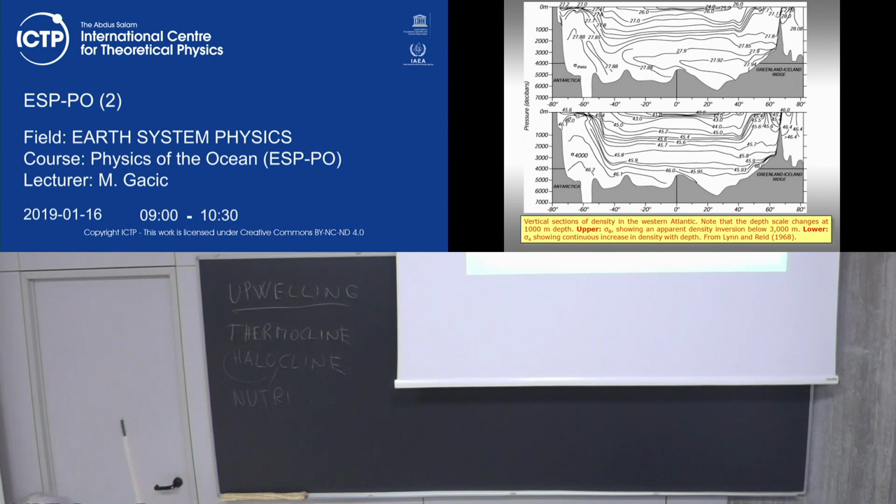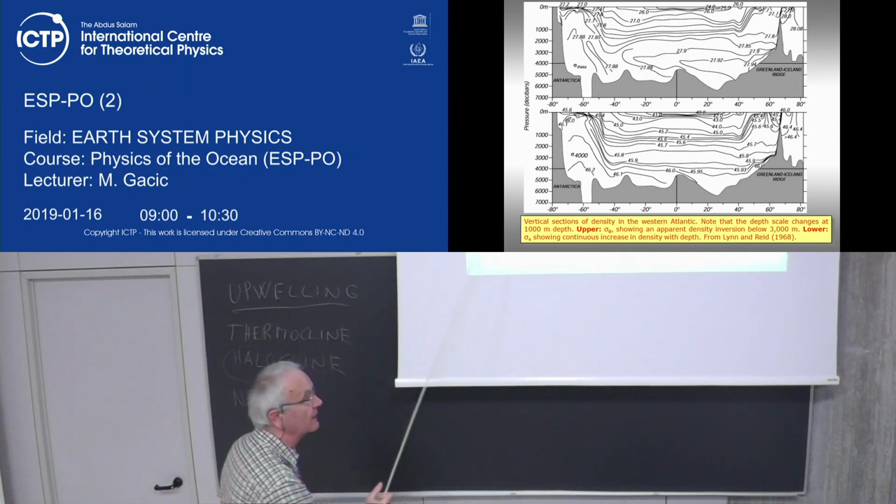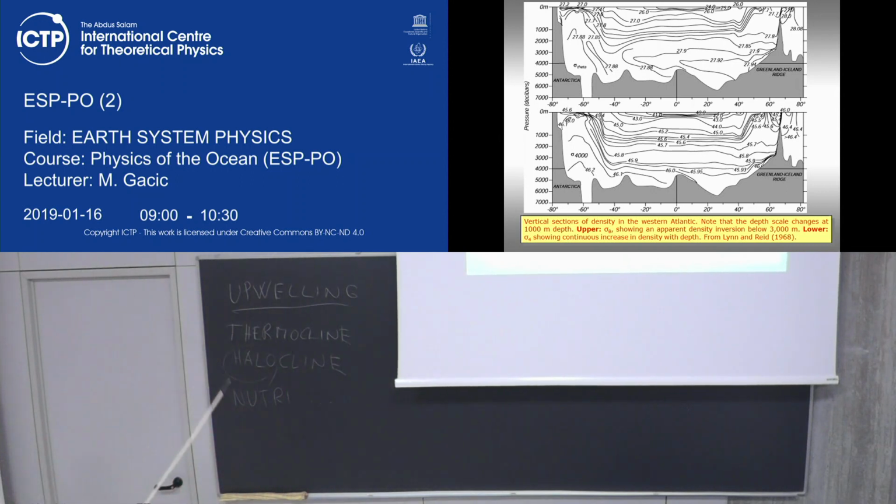The loss is higher than the gain. The water column is vertically mixed from the surface down to very deep layers, which is true both for northern polar areas and the southern polar areas. This is something which is very interesting.